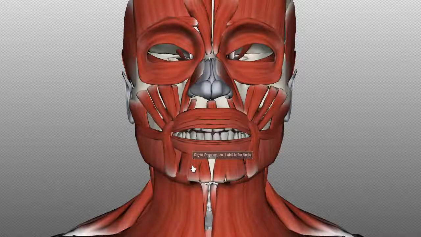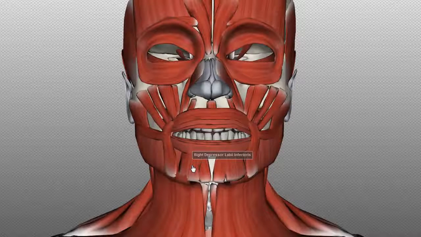This muscle depresses the lower lip. Again, Latin, depressor, labii lip, inferioris, lower. What this muscle does is it depresses the lower lip, and the direction of the fibres means that it also moves it laterally as well.